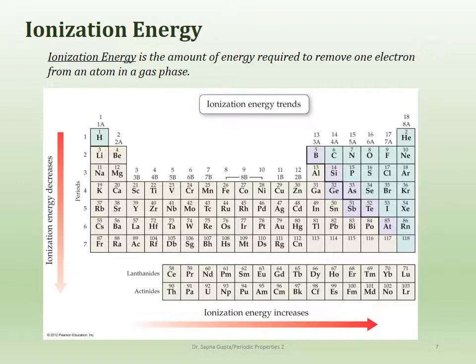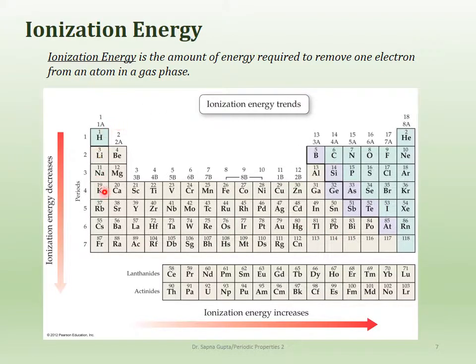Now let's talk about ionization energy. Ionization energy is the energy required to remove one electron from an atom in a gas phase. Now we say this is gas phase because this removes the energy required to change a substance from solid to liquid and from liquid to gas, because all of these elements may exist in different forms. Each of them may have a different melting point.